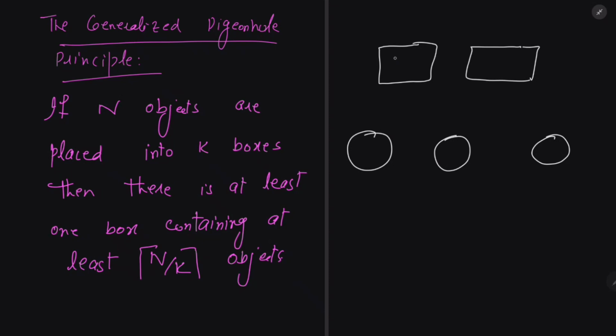For example, in this case, there are 2 balls over here. So this is called the generalized pigeonhole principle. And remember that this thing is called the ceiling function that we study in calculus.